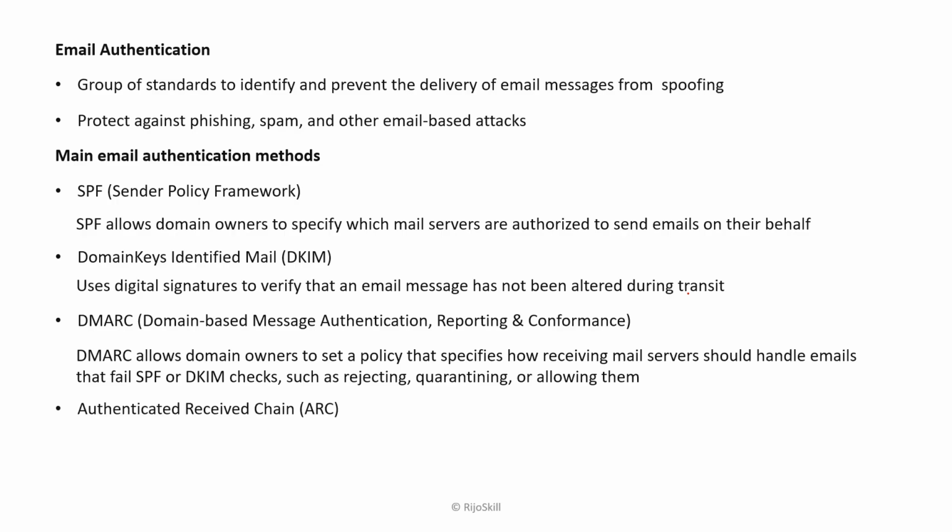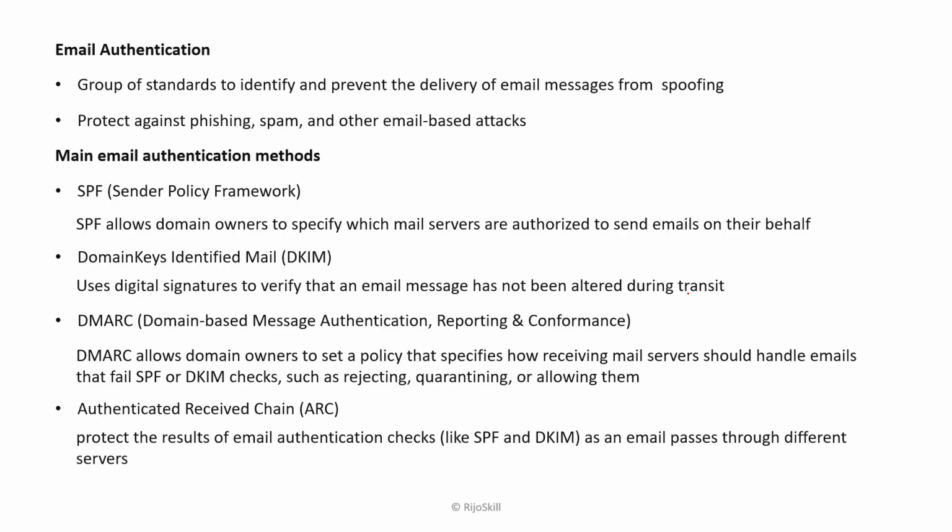Next, the Authenticated Received Chain, ARC, protects the results of email authentication checks like SPF and DKIM as email passes through different servers. Example, Rijoskill sends an email to one of your employees, and the employee forwards that email to another email server.